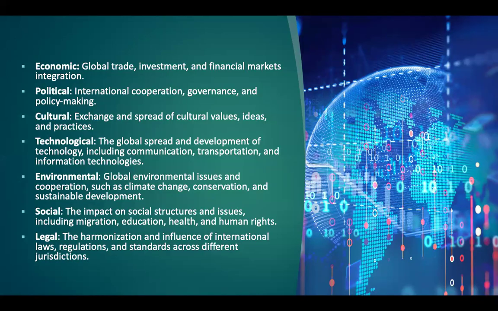The second one is political globalization. Political globalization refers to the increasing influence of international institutions, global governance, and diplomatic relations. For example, international organizations like the United Nations, World Trade Organization, and International Monetary Fund shape policies and regulations in the world.